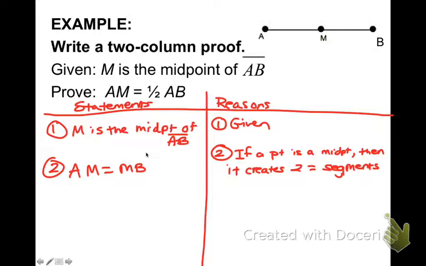How have we introduced everything else in the past few problems? AB is equal to what plus what? AM plus MB. What's our reason?